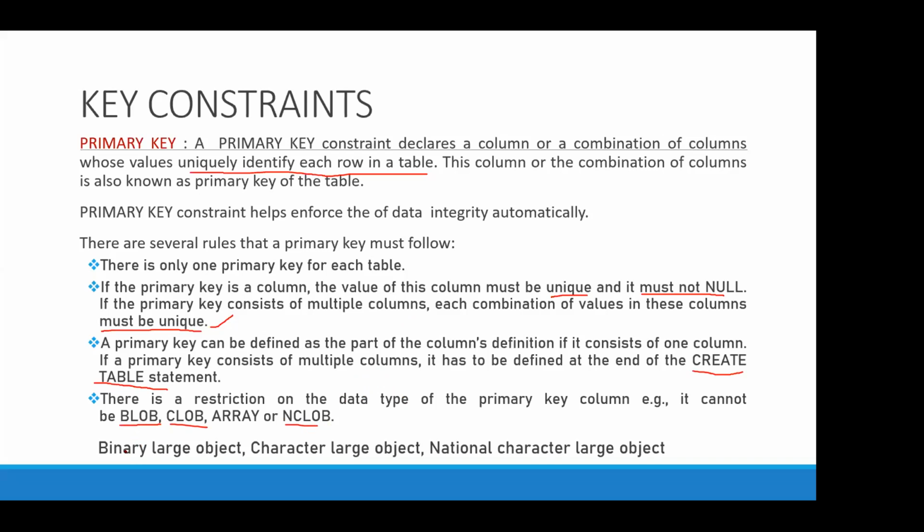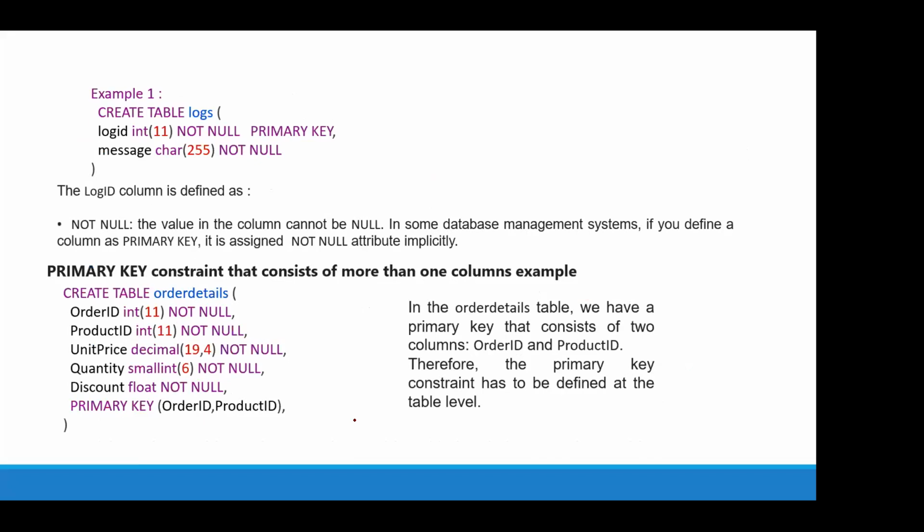BLOB is a binary large object, CLOB is a character large object, and NCLOB is a national character large object. Remember there is a restriction on the data type of the primary key column: it cannot be a BLOB, CLOB, or national character large object. These are the rules you have to remember for key constraints.